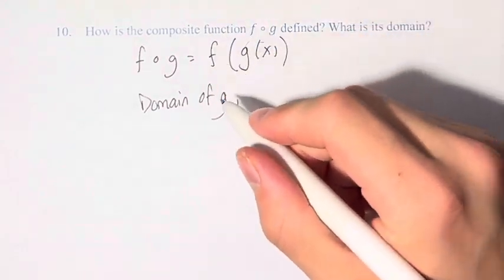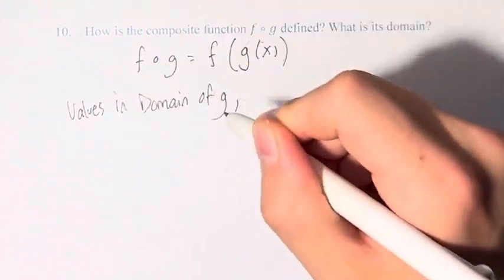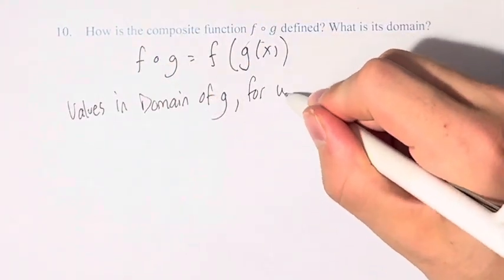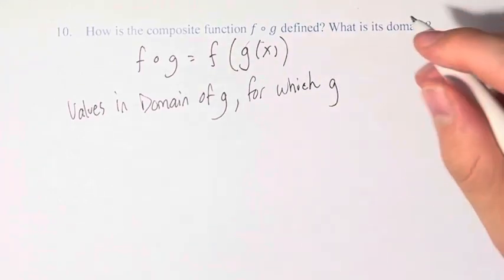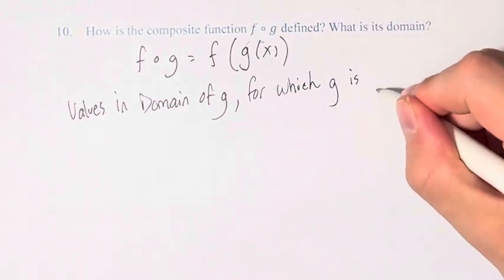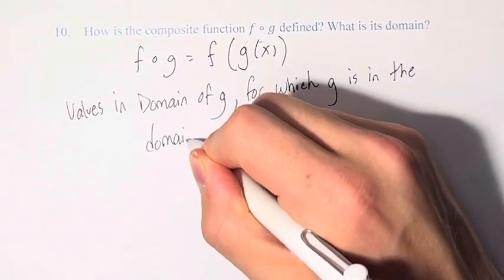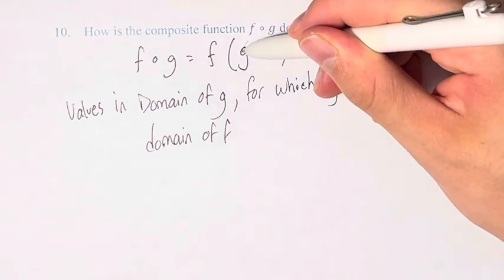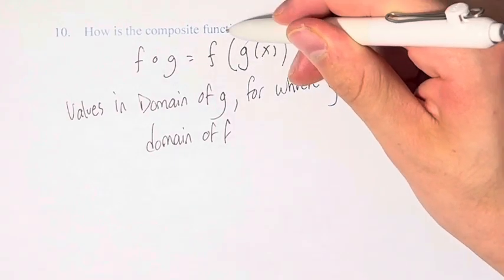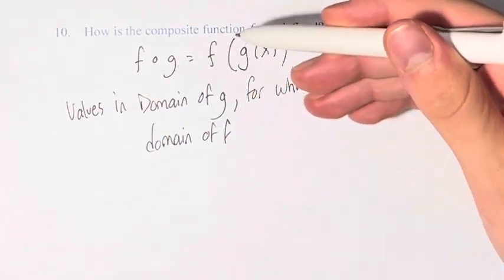And then, so it's values in the domain of g, for which g itself is in the domain of f. So x has to be in the domain of g, and g of x has to be in the domain of f. And that is the domain of any composite function f of g of x.